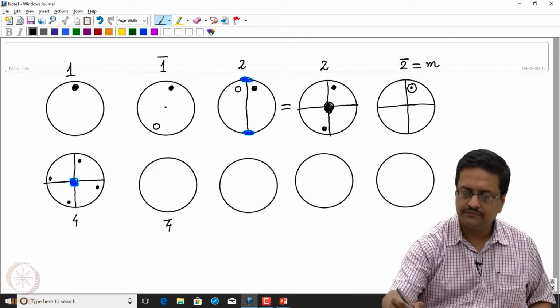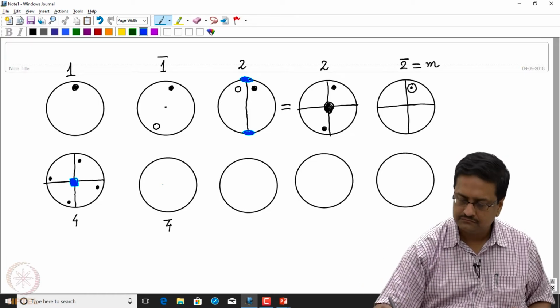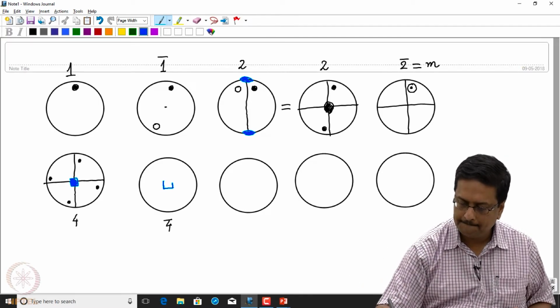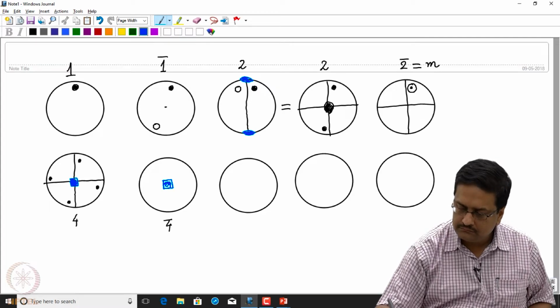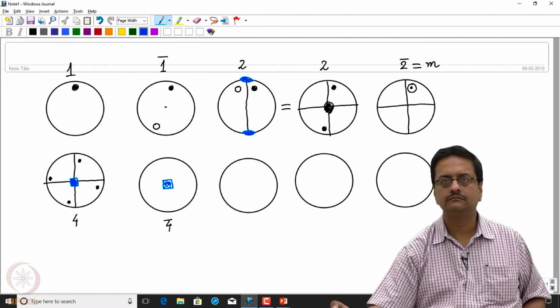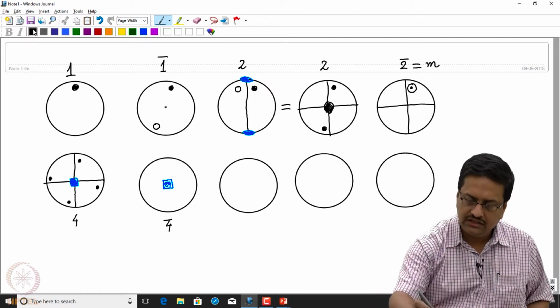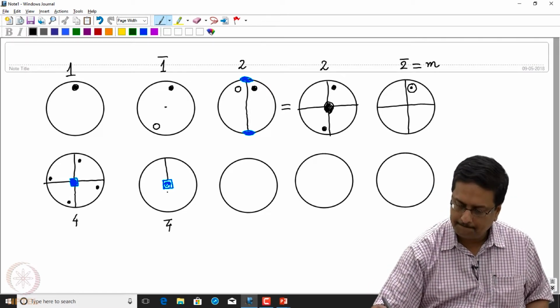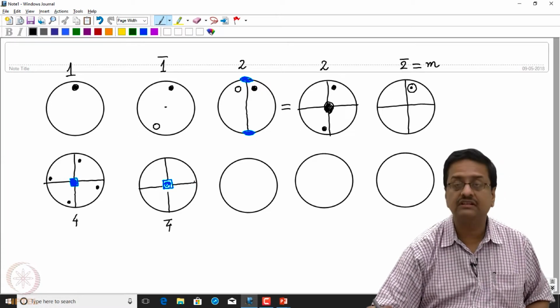But in case of 4 bar, the situation is slightly different.